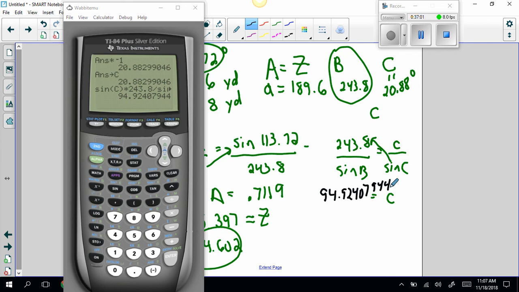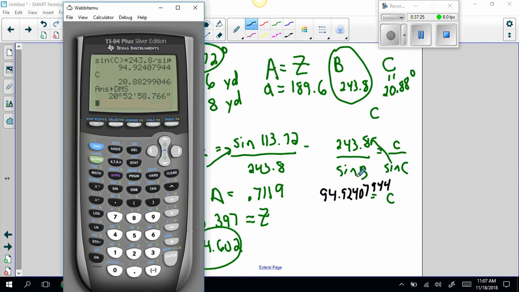And by the way, if you do want to convert your angles to degrees, minutes, seconds, before I hang up here, so, you know, angle C was this, 20.88. Just go second, apps, DMS, enter, and you would say 20 degrees, 53 minutes, because this number is over 30.